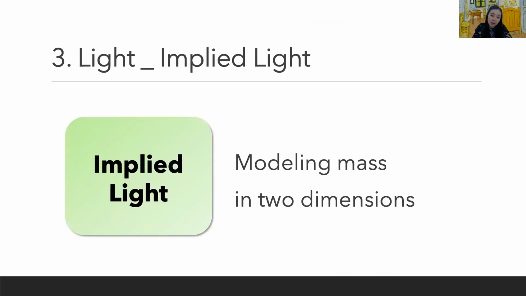Like other elements we learned, light has implied light. So implied light means modeling mass in two-dimensional works. Artists use light and shadow to model objects in two-dimensional works, meaning to give them a three-dimensional appearance.